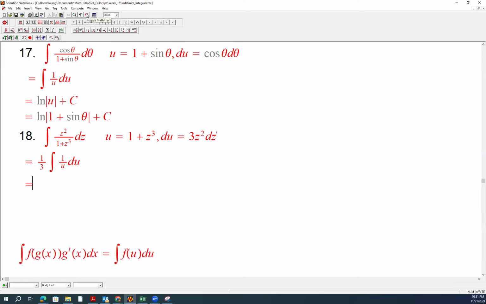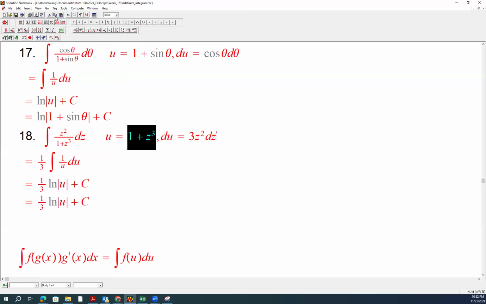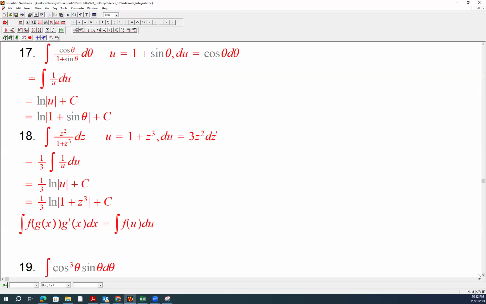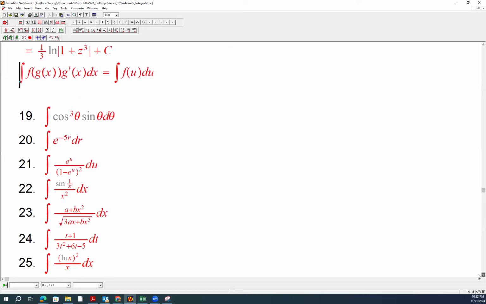And that equals 1/3 ln absolute value of u plus a constant. And then bring in the substitute u. There, finished. Right? I have no doubt you're doing better at this point.